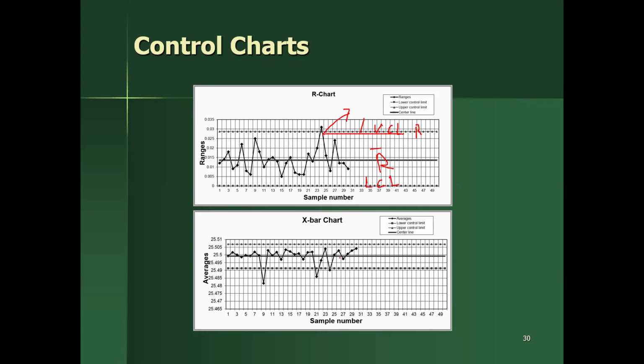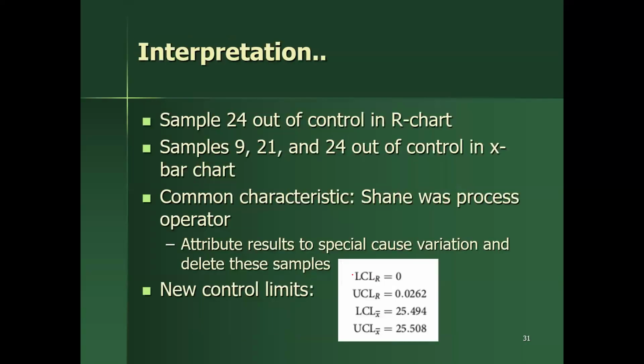The same thing here. These are the averages. Each dot is one of the averages. These are X bars. This central line is the X double bar. I will go over another example. This is the lower control limit. This is the upper control limit.